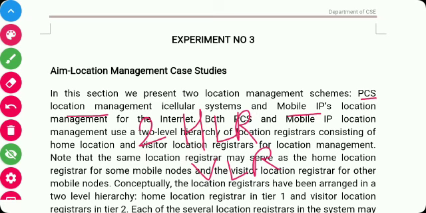So the location registers are arranged in two levels of hierarchy: home location register in tier 1 and visitor location register in tier 2.